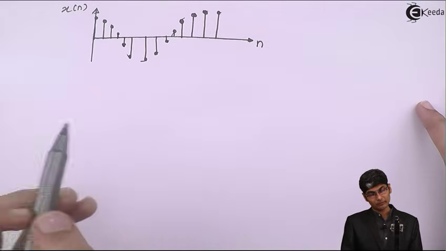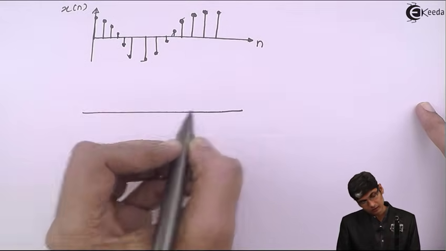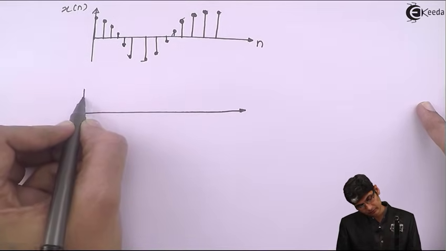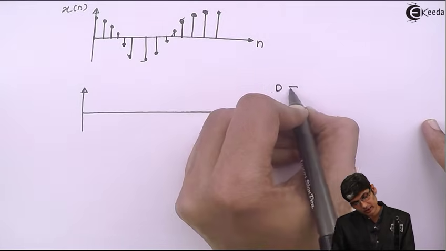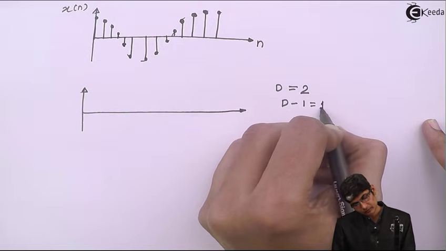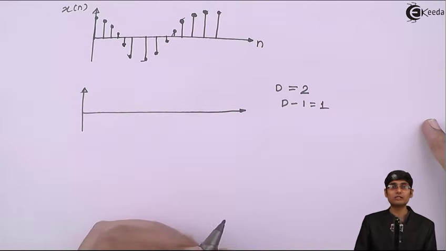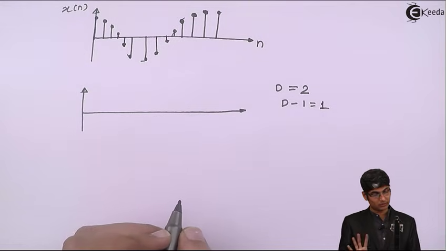Now what I'll do is, I will take the example of, let's say, again decimation by a factor of 2. So I have to drop d minus 1 samples, which is nothing but 1. So I will drop d minus 1, which is 1 sample. Okay.